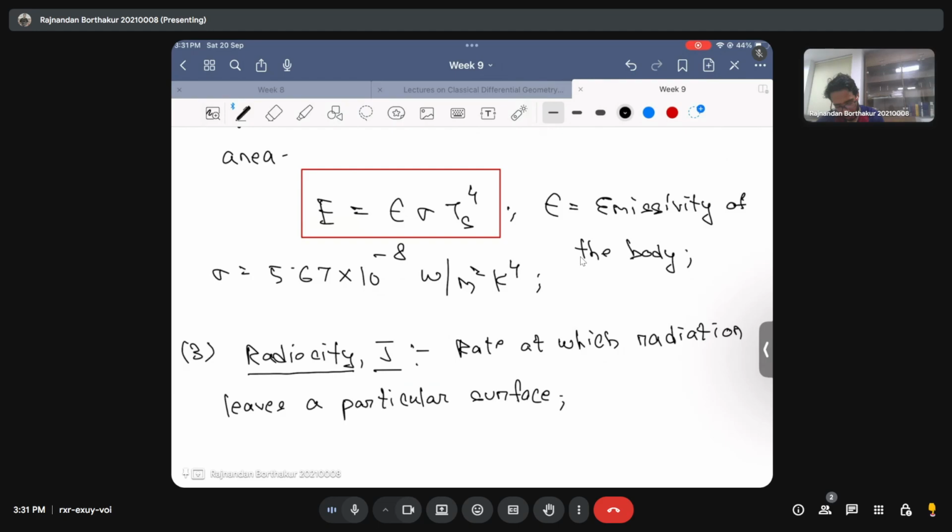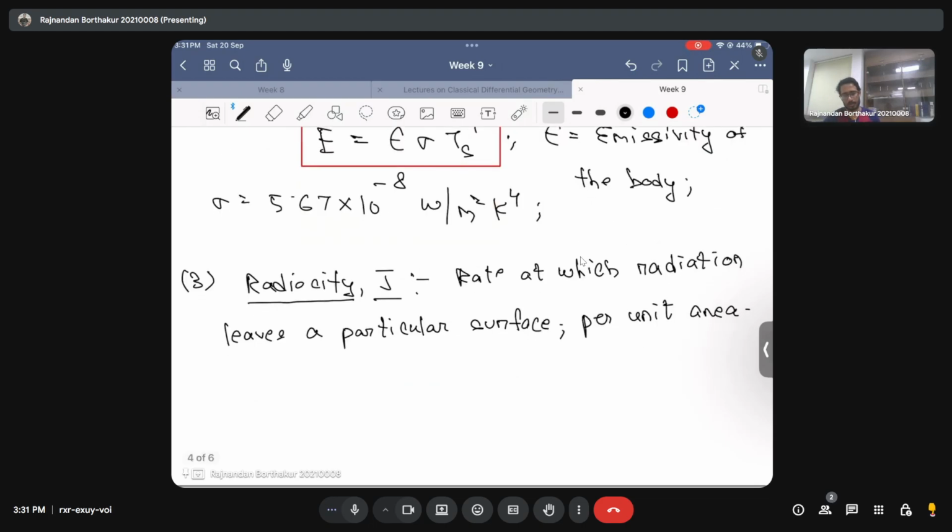And of course, this is also calculated per unit area. Since it is calculated per unit area, it also has a unit of watt per meter square.